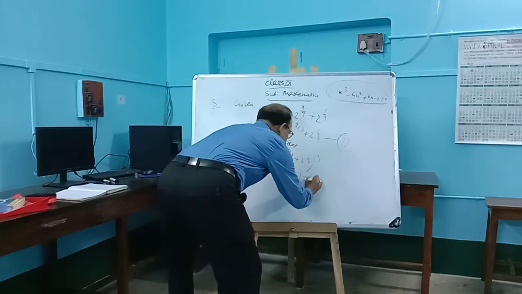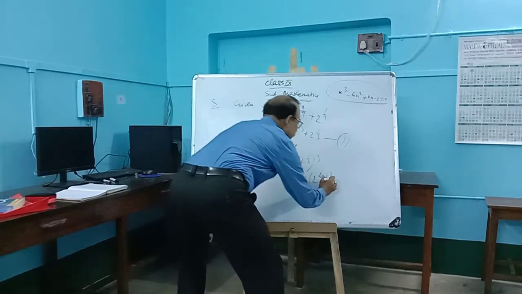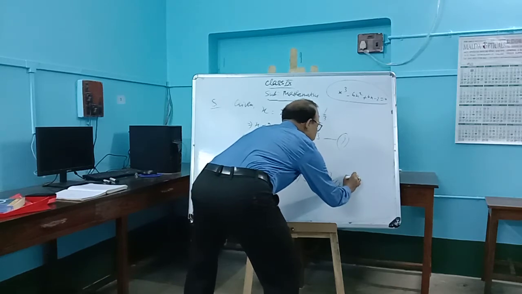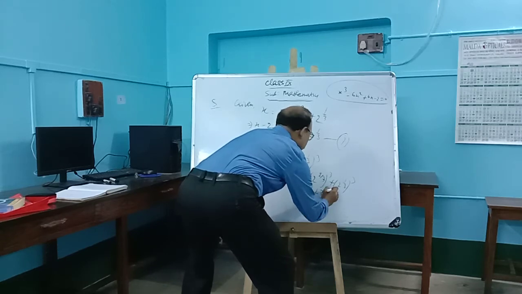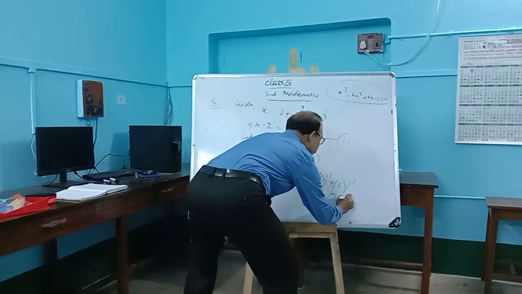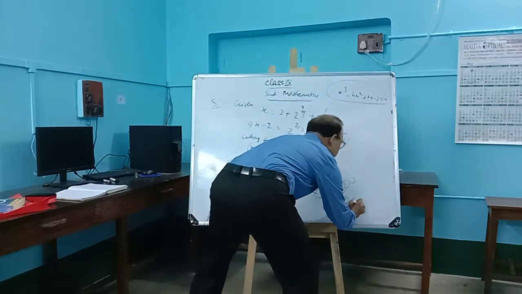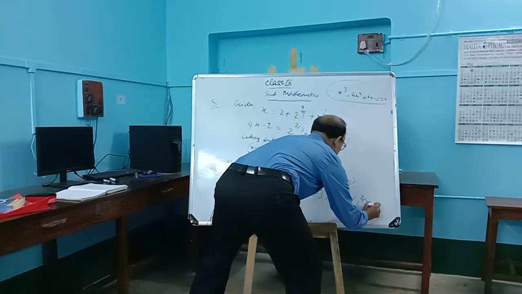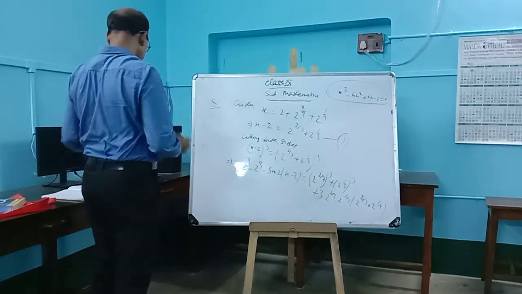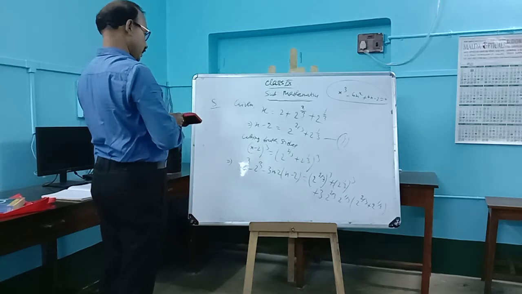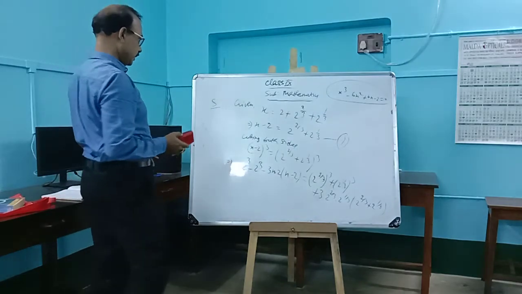And this is the plus form: 2 to the power 2 by 3 is a, this is b. a cube plus b cube plus 3 into a into b in bracket a plus b. We have written the formula.